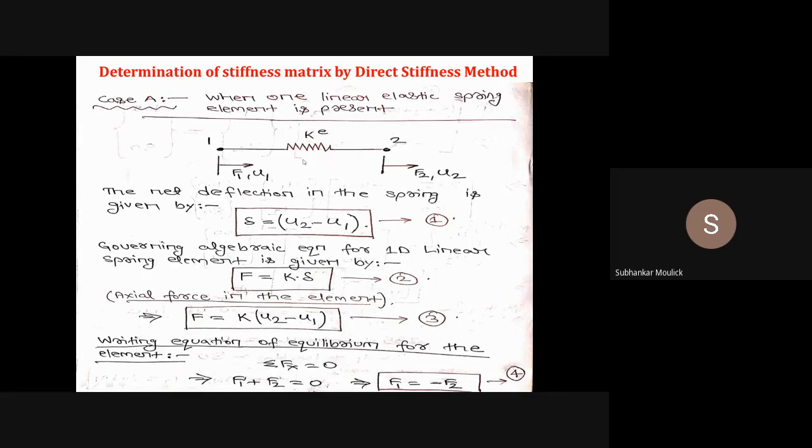This element is connected by two nodes, node 1 and node 2. At node 1, the nodal force and nodal displacement are F1 and U1. Similarly, at node 2 they are F2 and U2. Is it clear? So far, any doubt?